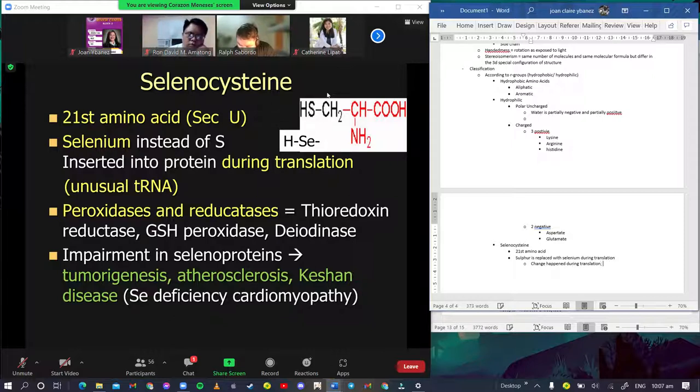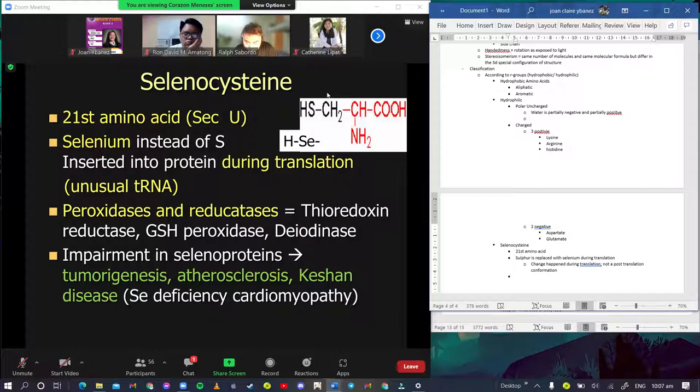So it will actually create an unusual tRNA that will recognize something in the mRNA that will allow it to put in the selenocysteine, okay? So these are examples of your selenocysteine-containing proteins. They act as peroxidases or reductases. Example, thioredoxin reductase.